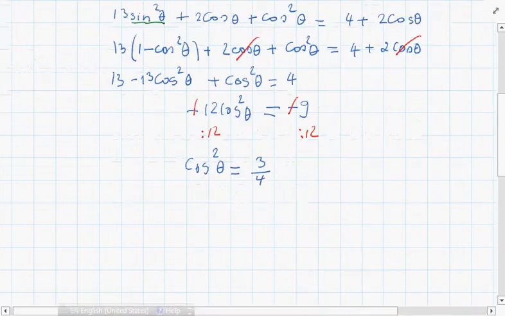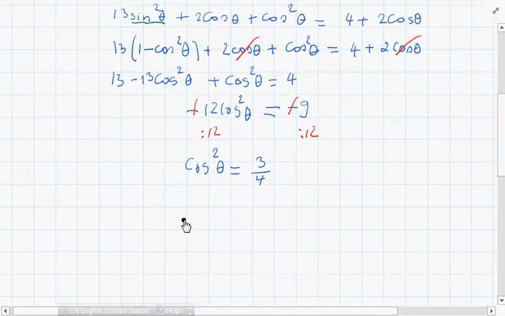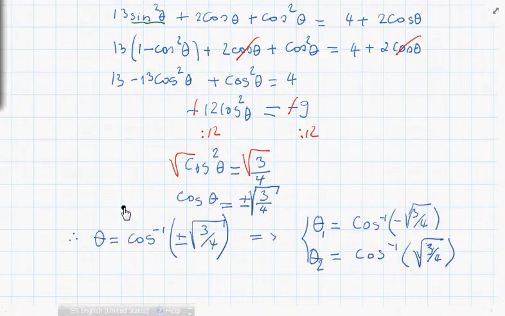Now I can square root both sides of my expression, right? Then I put square root on this one and square root on that one. Therefore, using the inverse cosine, theta will be cosine minus 1 of plus or minus square root of 3/4.